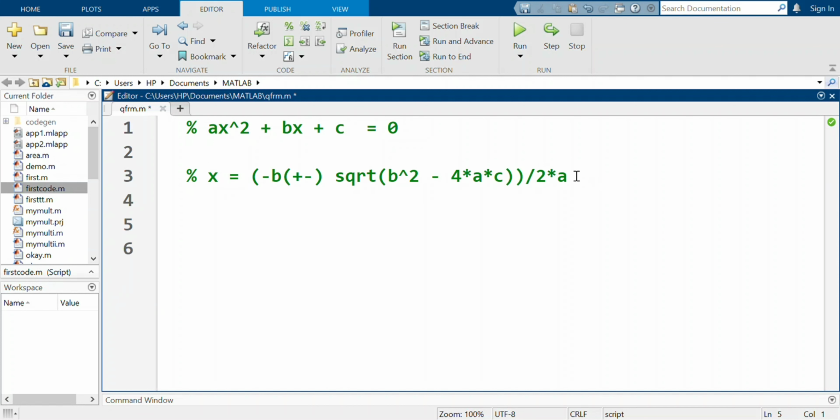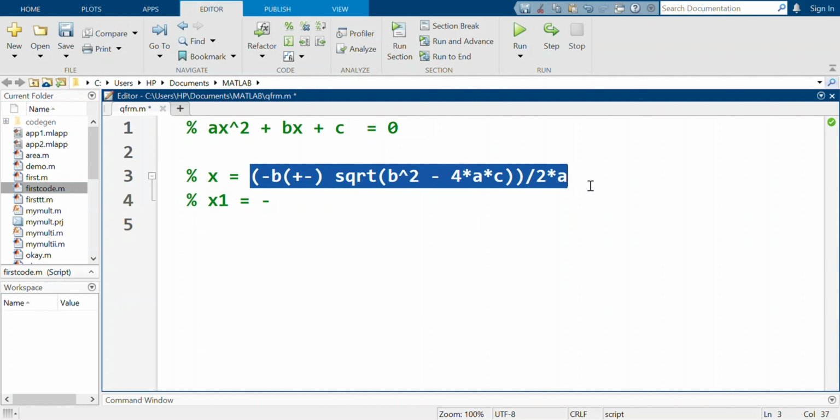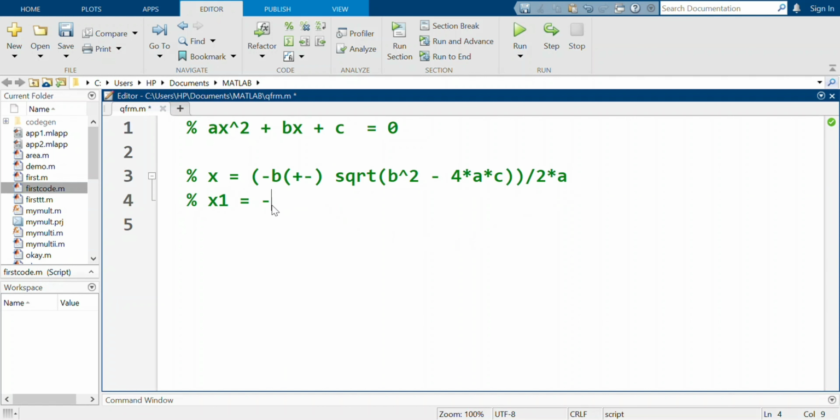So now x1, don't forget the percent sign to tell MATLAB that I'm trying to describe something. x1 will be like this: minus b. Now, okay, and let's just copy paste it, Control C using Control V. It'll be like minus b plus this.